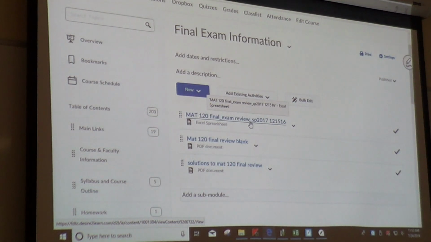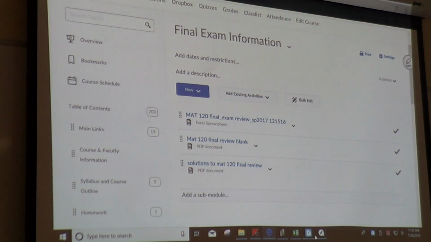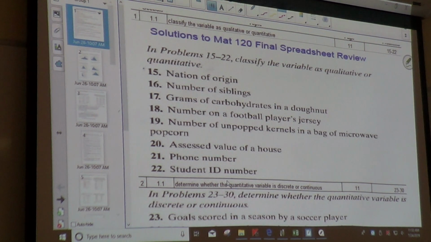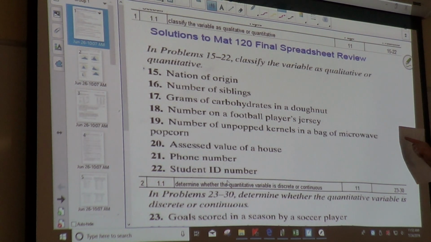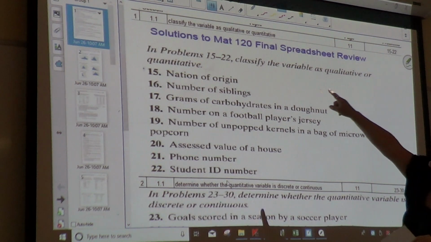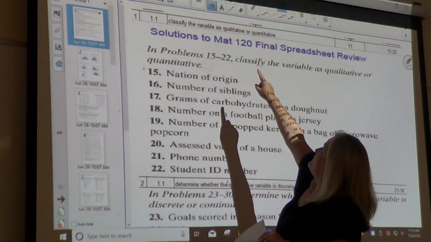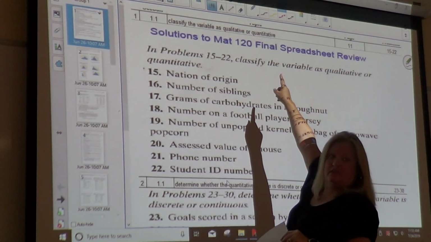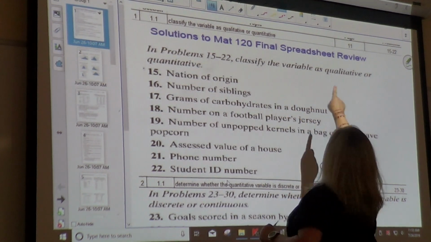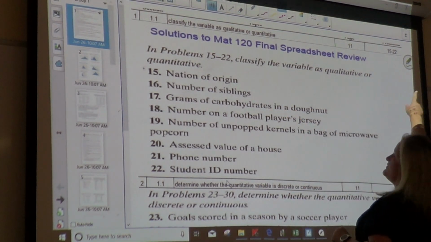So what I've done is I have taken those 18 pages, and just to show you where they came from, I took the first line off the spreadsheet, which says, classify the variable as quantitative or qualitative. Page 11, problems 15 through 22.